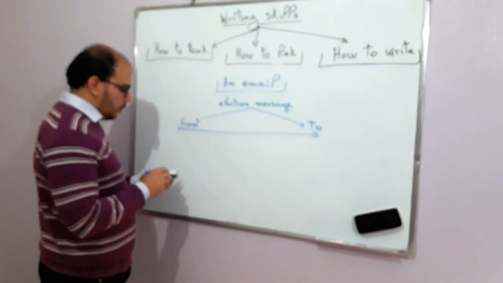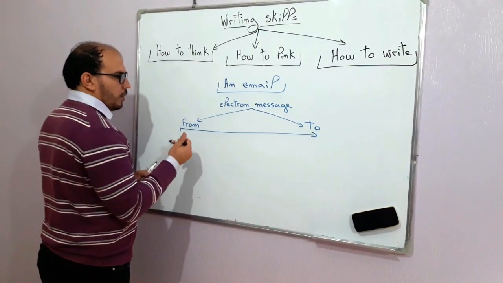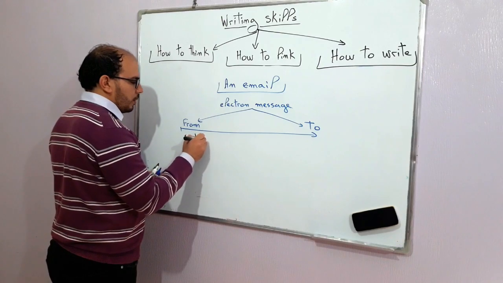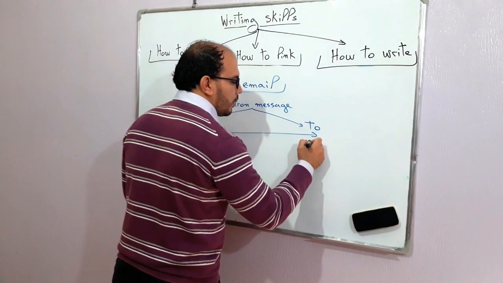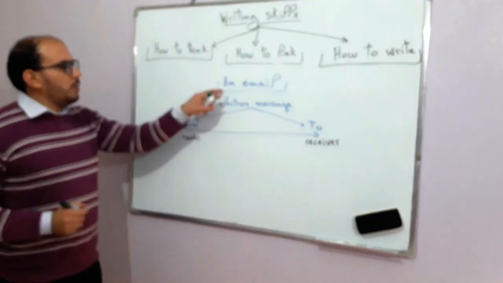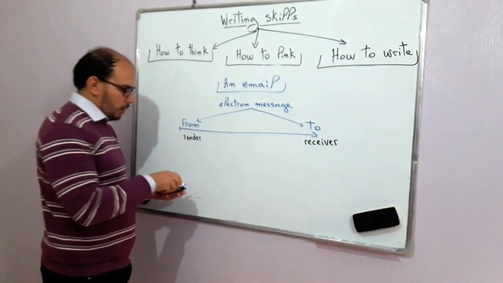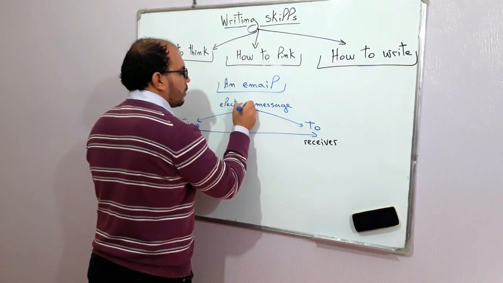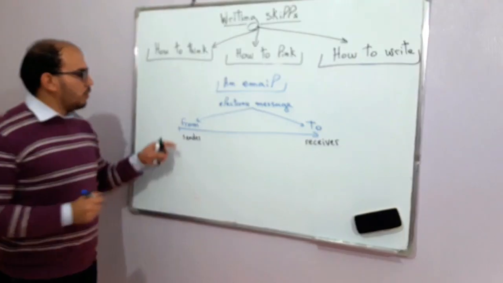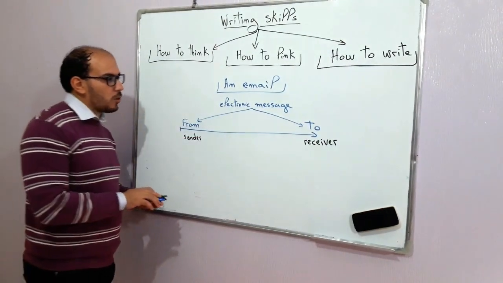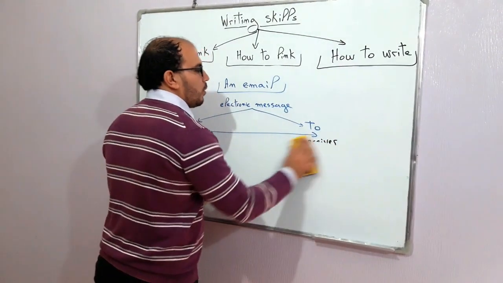From is called the sender, and to is the receiver. So an email is an electronic message from sender to receiver, and of course it also has a specific form.